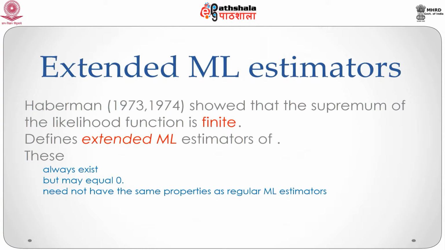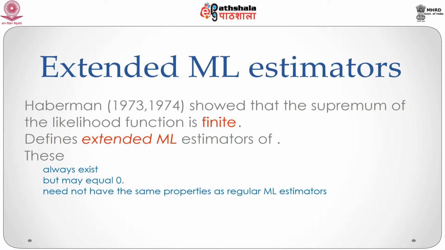Haberman also showed that the supremum of the likelihood function is always finite, and this motivated him to define extended maximum likelihood estimators of mu. Extended maximum likelihood estimators of mu always exist but may equal 0.